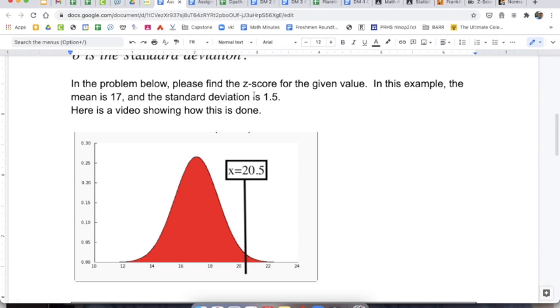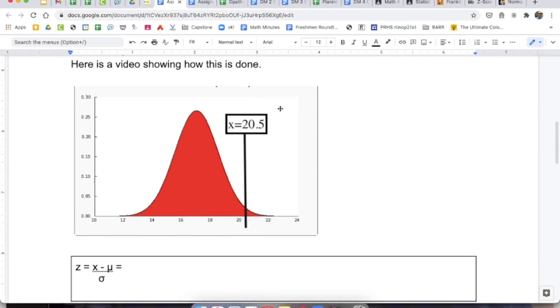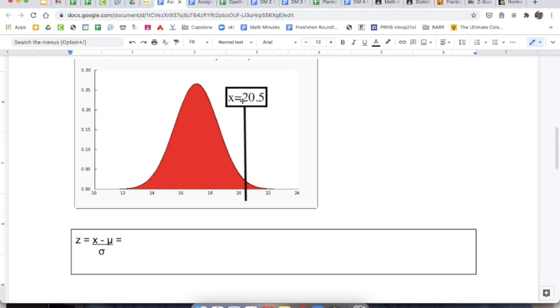The mean is 17 and the standard deviation is 1.5. The value we're trying to find the z-score for is 20.5. Please notice that it's above the mean. It is more than one standard deviation above the mean, and it's going to be a positive z-score since it's above the mean.